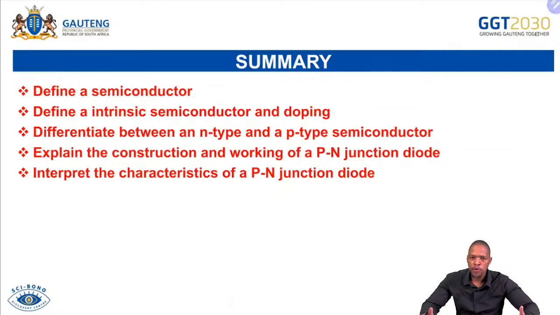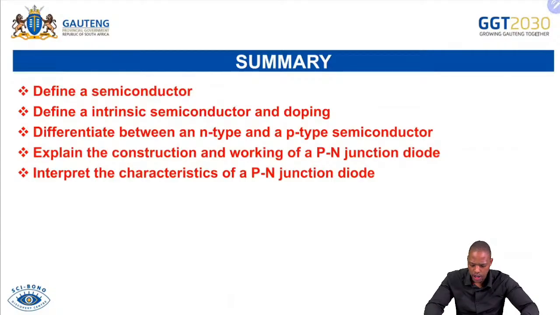Define doping: a process of adding impurities to an intrinsic semiconductor. Differentiate between an N-type and a P-type semiconductor. An N-type semiconductor is one where you add pentavalent impurity atoms, and in a P-type, you add trivalent impurity atoms.